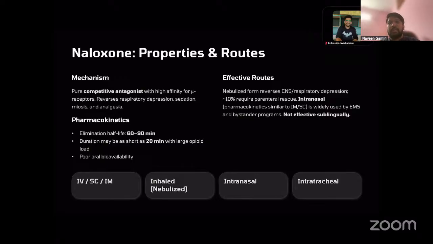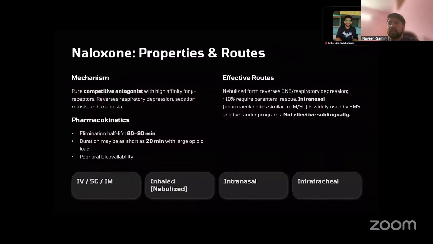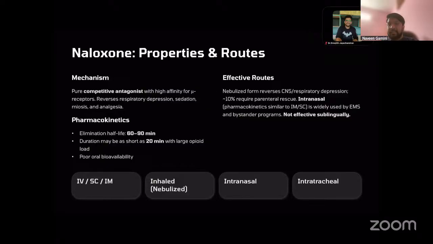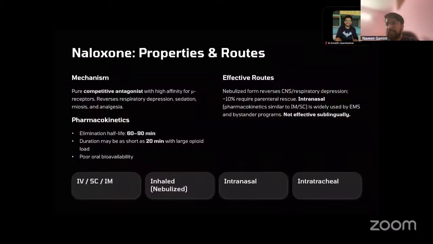But there's a poor oral availability for naloxone. That is the reason the routes which we select will usually be intranasal or inhalational. Even IV, subcutaneous, IM can be given, and intratracheal also can be given. Suppose you're using the nebulized form of naloxone. This nebulized form will reverse the CNS or respiratory depression, and an additional 10% might be required for rescue through parenteral routes.